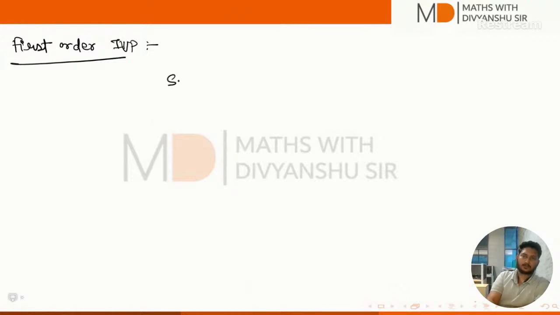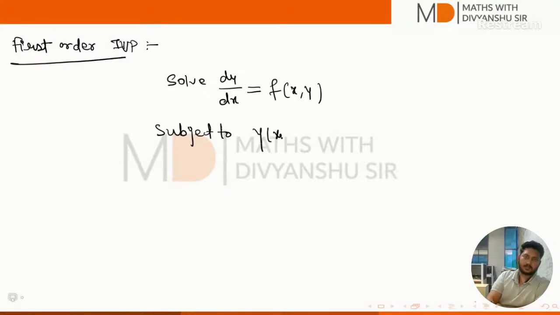So solve for the notation dy by dx, taking a function of two variables x and y, their first derivative, and subject to what? Subject to y(x0) equal to y0.